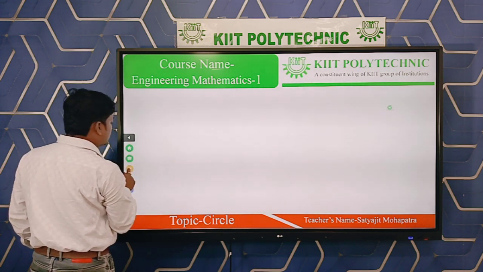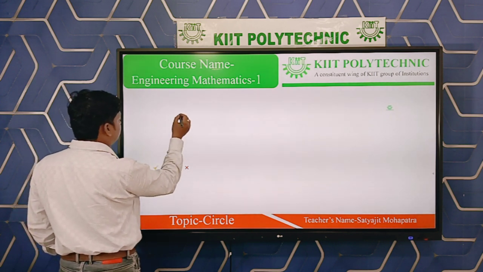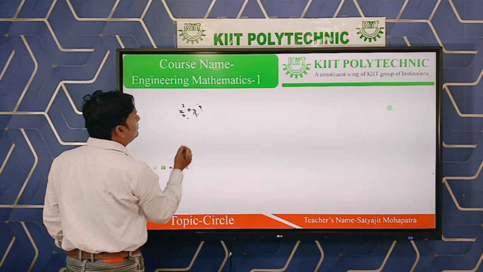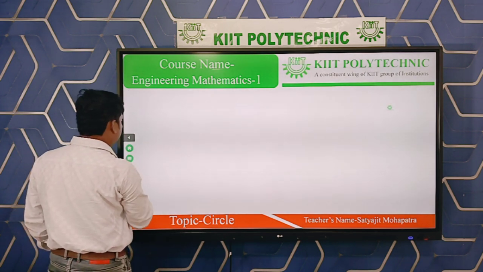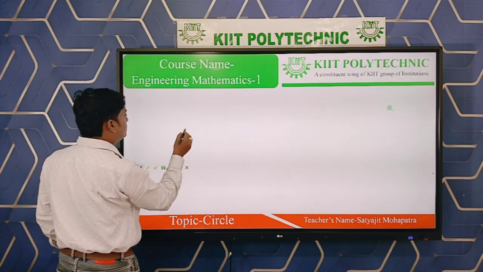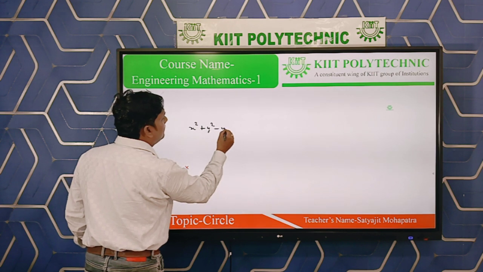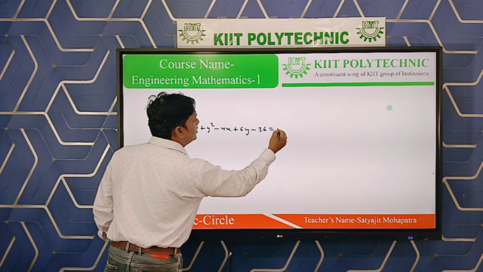Just wait a minute. Suppose this is the equation of the circle: x square plus y square minus 4x plus 6y minus 36 equals 0.